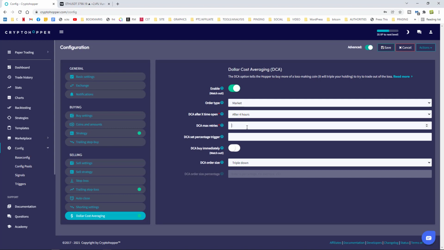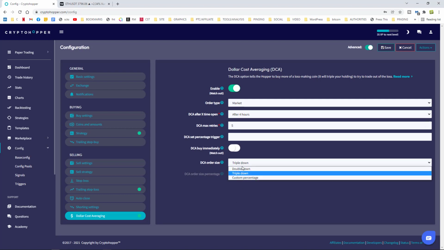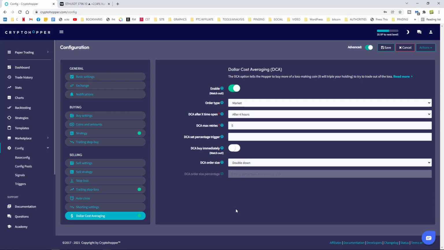Now this, how many automatic DCAs would you like a position to do? If you've got $100 of Bitcoin and that is 10% of your total fund, you're not going to want something like 5 in there, because it's going to double up. It's going to buy another $100 of Bitcoin.